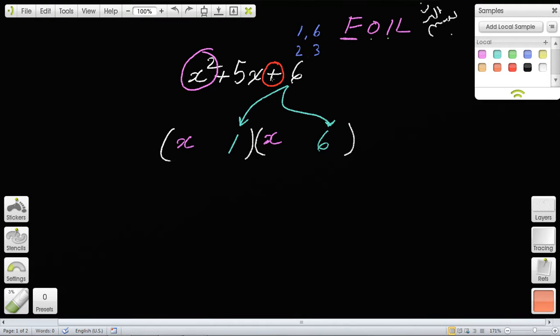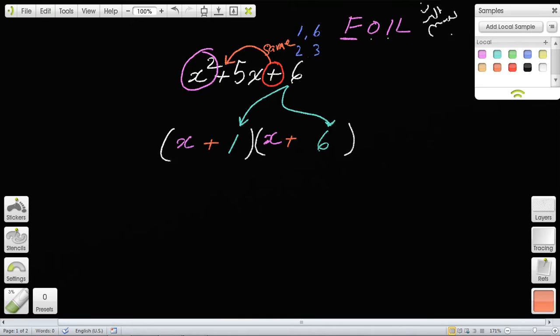Okay, so this being positive means both of these signs, whatever they are, are going to be the same. It doesn't tell you it's going to be positive or negative. It just tells you that the signs are going to be the same. And then you look at this sign to tell you what it's going to be. So this sign is positive, which means both of these are positive.